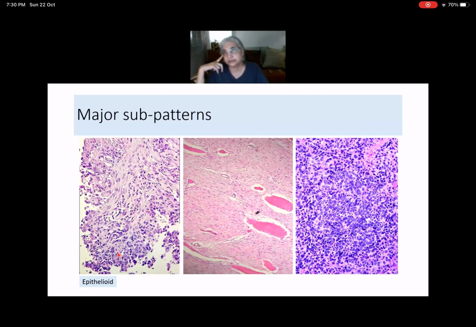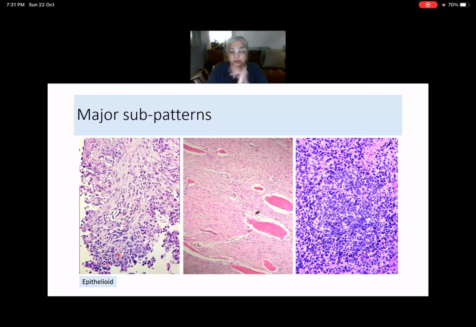So I want you to explain it. What is a mesenchymal pattern? Yes, Shubhra, come on. I can sit here forever because you have to understand it.